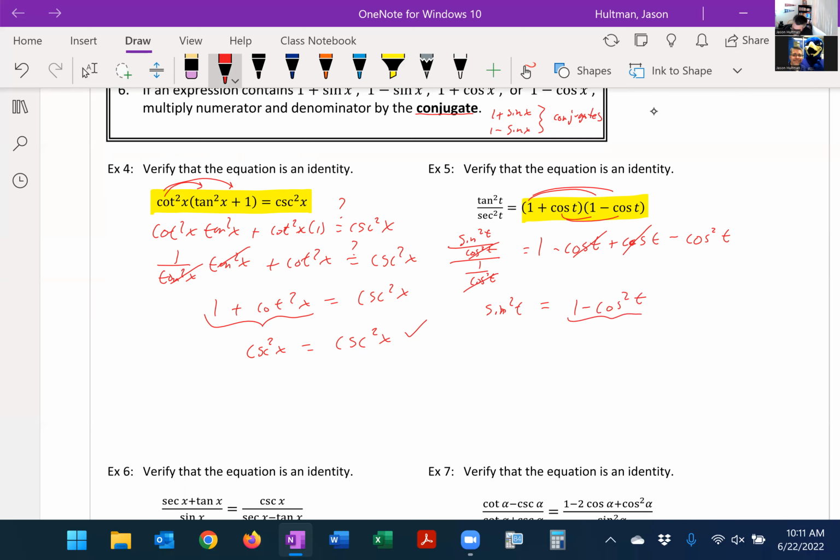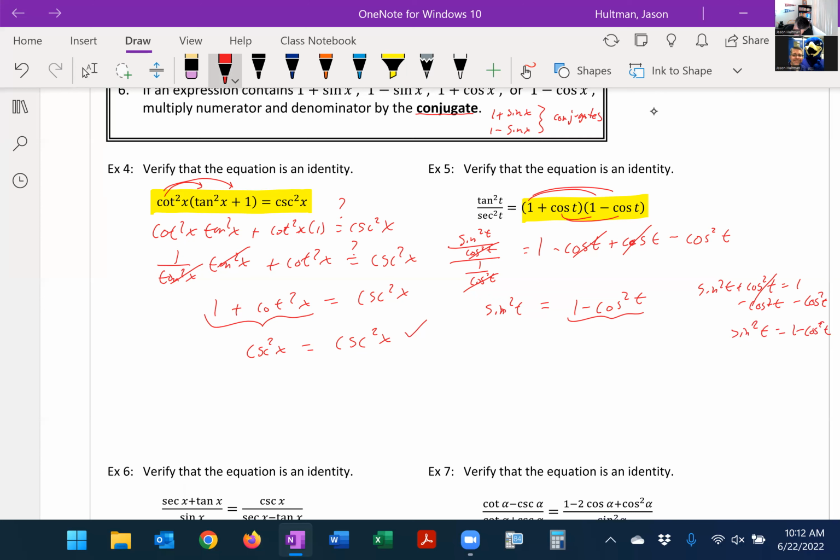And 1 minus cosine squared t, according to the Pythagorean identity, remember we had sine squared t plus cosine squared t is equal to 1. Well, if I subtract cosine squared t from both sides, I get sine squared t is equal to 1 minus cosine squared t.